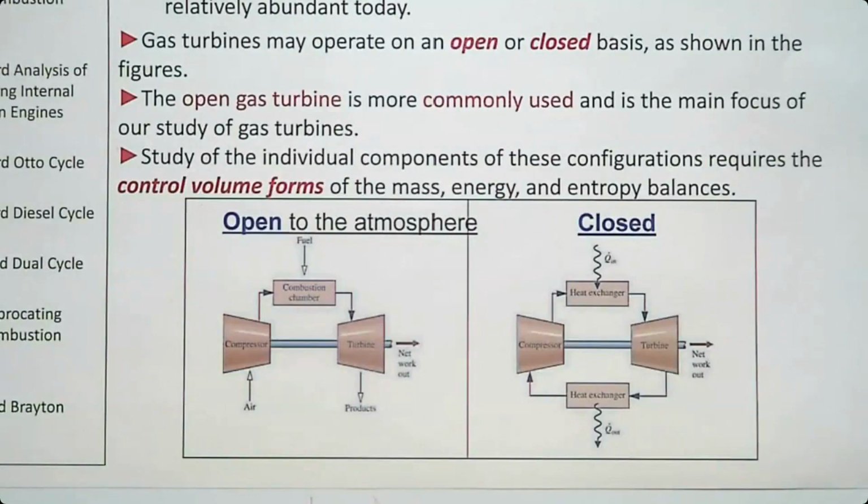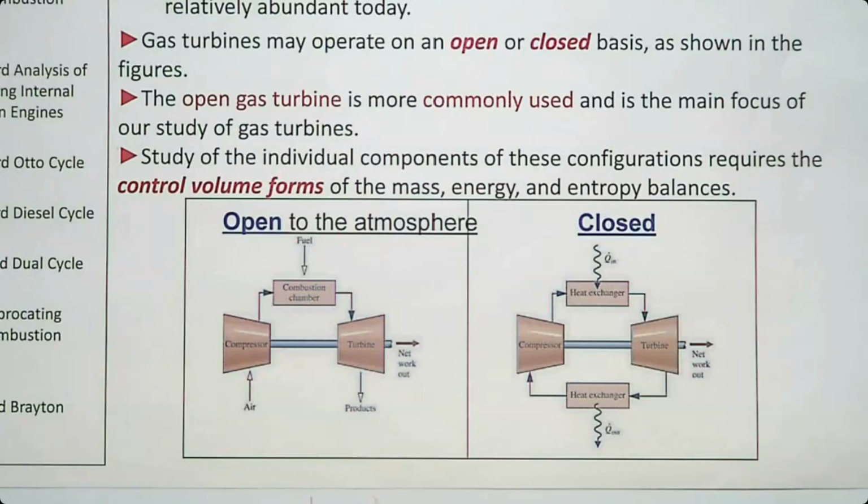So instead of pump, we are going to use compressor, and we are going to increase the temperature and pressure of the working gas. This working gas goes into a combustion chamber or heat exchanger, depending on how we deliver heat. Then it will increase the temperature and pressure even further, and then it enters the turbine, and it's going to expand in the turbine. That's how we produce net work.